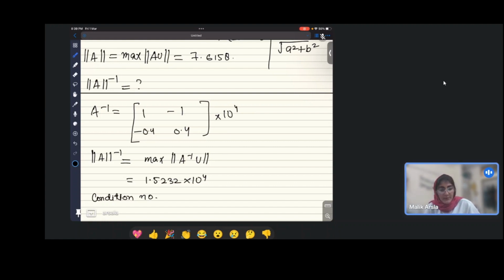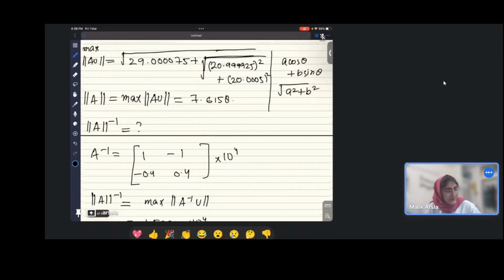So the condition number for A will be what? Norm of A into norm of A inverse. I have written it in my notes as J, that's why I'm making this mistake. So it is coming out to be what?